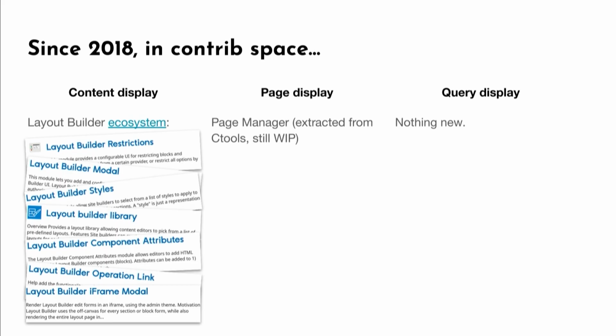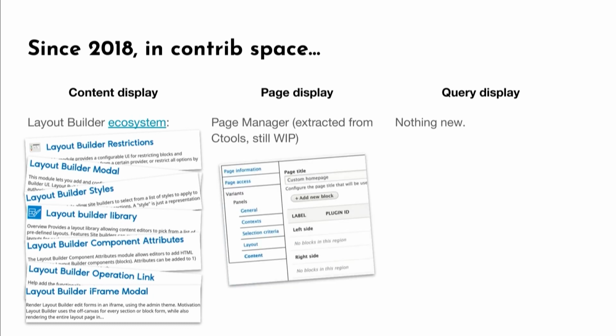When you have an ecosystem that big, with incompatible modules inside, that may say something about the core module you are extending. Maybe Layout Builder didn't get enough love after 2018. For page display, we got Page Manager, a very good module, but very slow to be ready. It took nearly 10 years to get usable. And on query display, we got nothing.